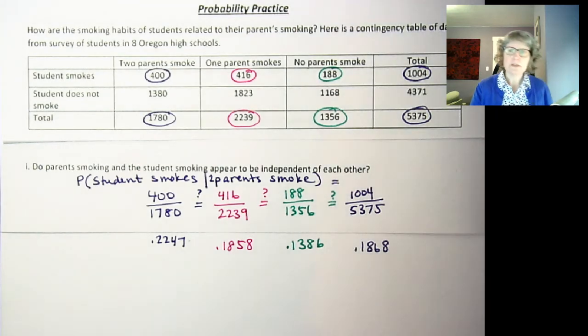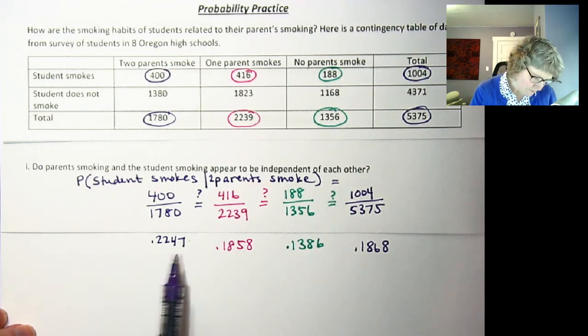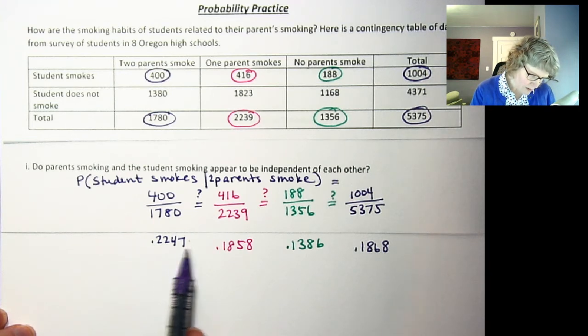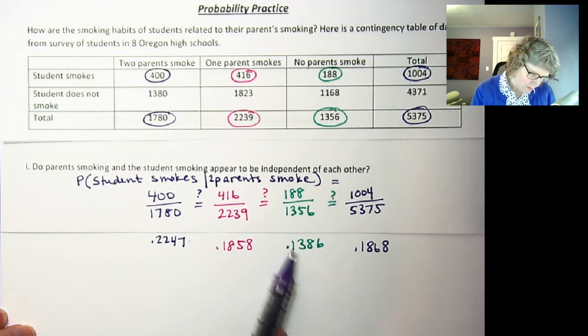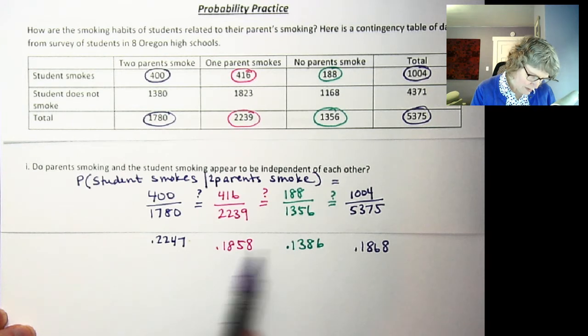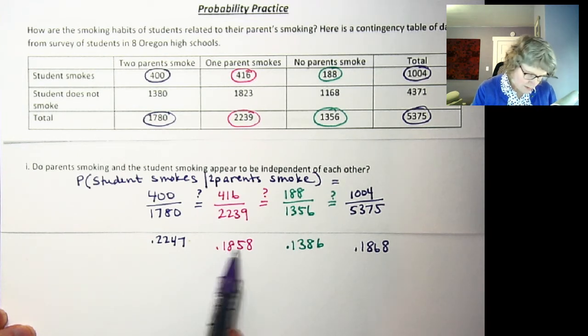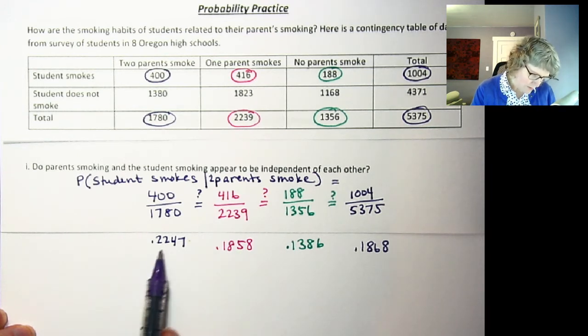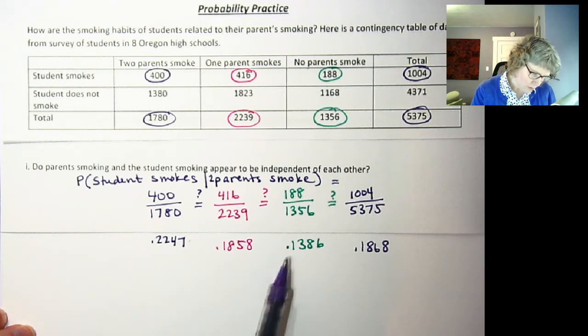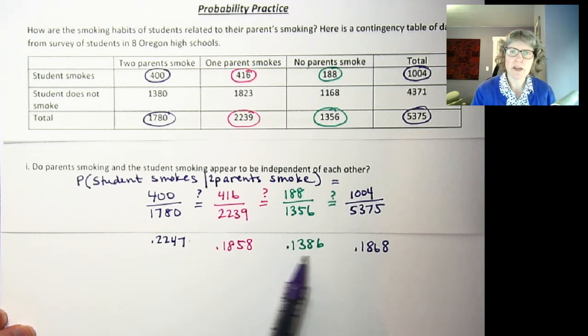Okay, great. So now let's look at these and compare. We've got anywhere from just under 14% to 18.5, 19 to 22. So we think if no parents smoke, there is less of a chance that the student smokes, right?